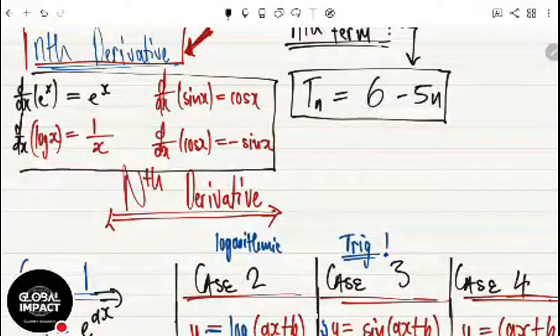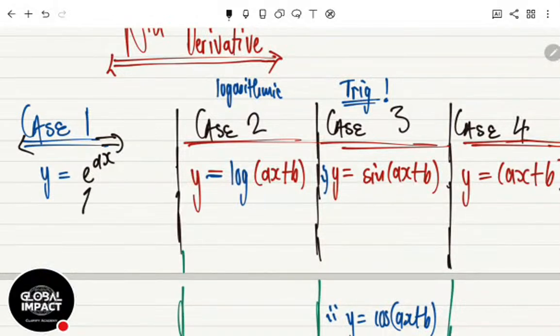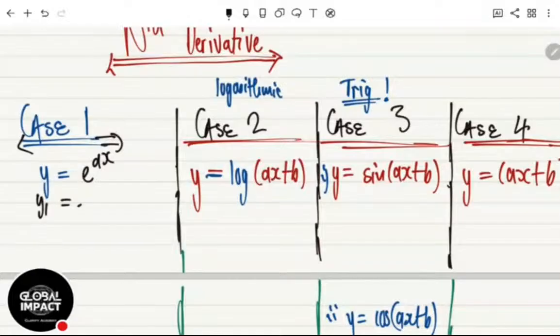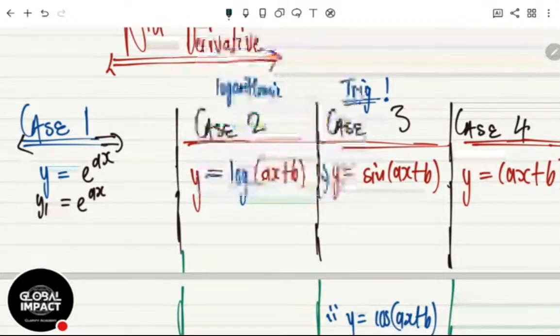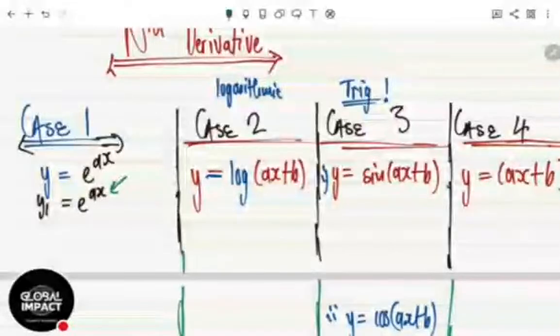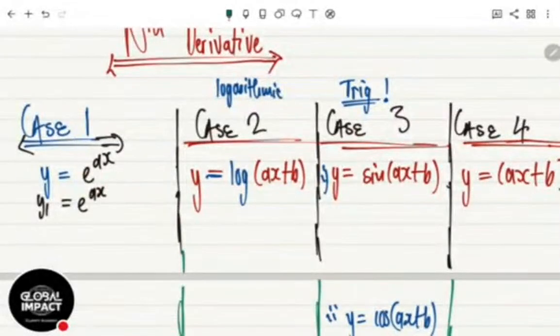Let's differentiate. Here you can see that if you differentiate an exponential, it comes back as it is. So when you differentiate this and get y1, it will come back as it is, e to the ax, because it's an exponential function. But because the power is no longer just x, the power is something which is not x, I'm going to explain that a little bit later.